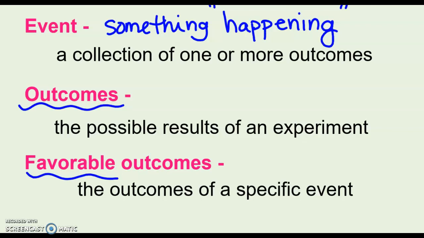Well, if I want to see how I could get a red card, then the favorable outcomes would be drawing either a heart or a diamond, right? I should make these red. If I draw a heart or a diamond, those are the ways that I could get a red card, okay? So we'll go through lots of examples, but I want you to have these vocab definitions and things written down to use in this chapter.